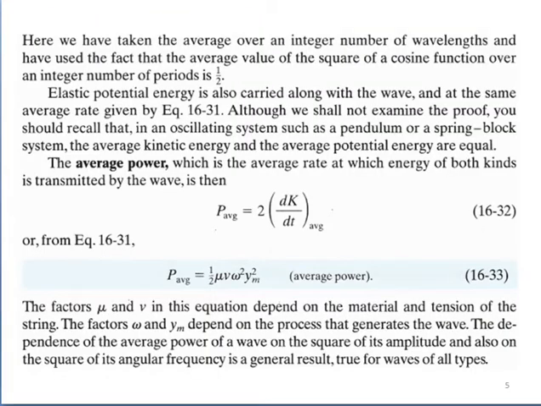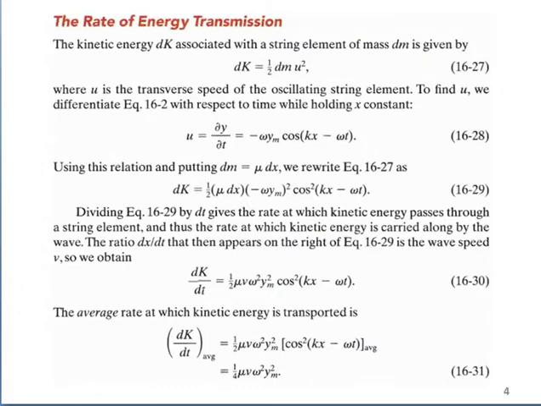So the average power due to the potential energy is also the same, that is 1 over 4 mu v omega square ym square.